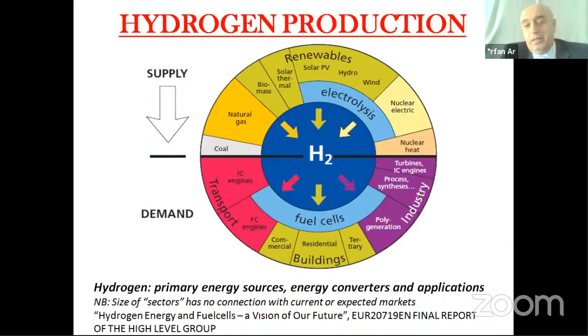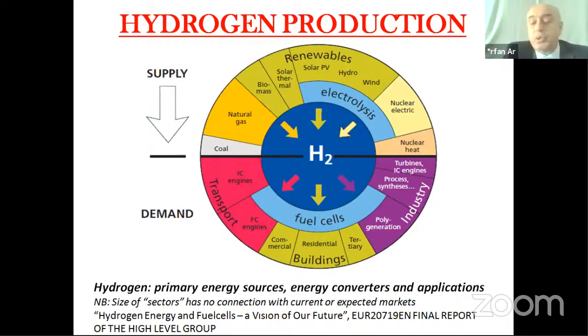You see, we have a large number of renewable hydrogen production technologies: biomass, solar thermal or solar photovoltaic, hydro, and also wind. You may count nuclear power plants within the renewable technologies or not, but they are also used for the production of hydrogen by using thermolysis technologies.